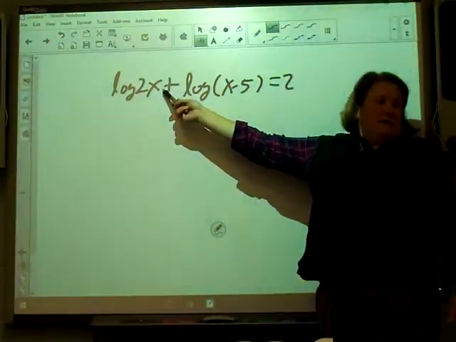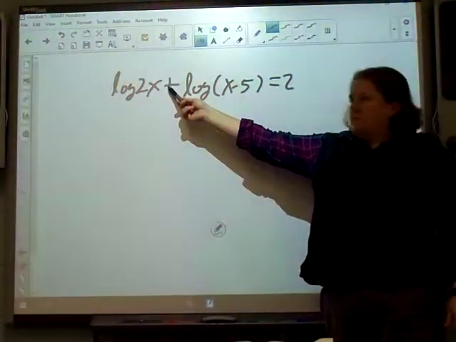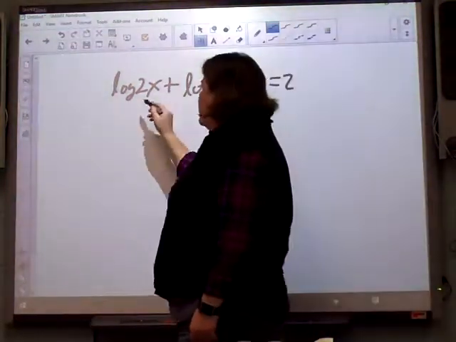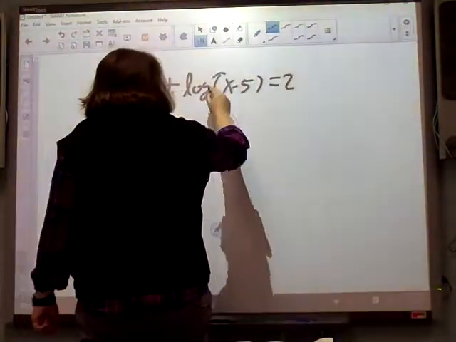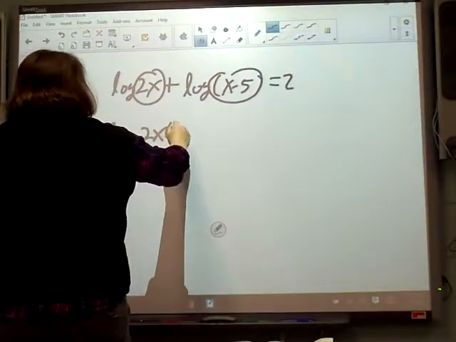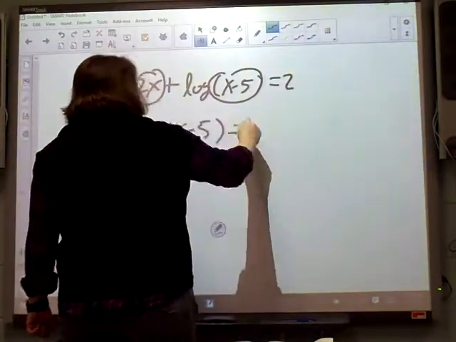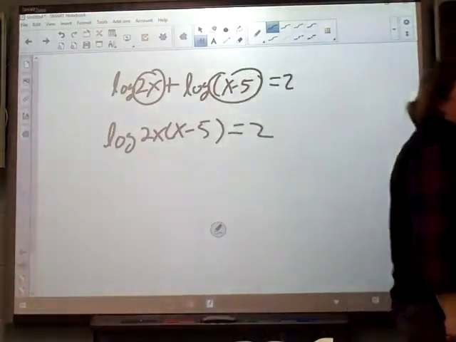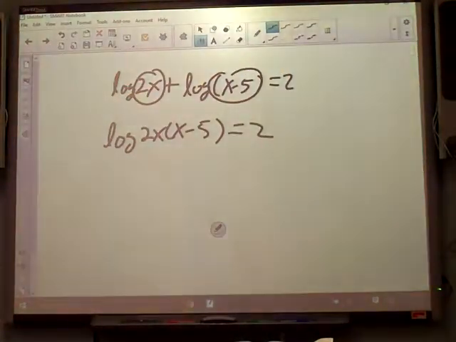Okay. Addition is friends with product. Remember from yesterday? So this is the same as multiplying those. So the log of 2x times x minus 5 equals 2. Okay. What's the base here? No, there's no base written.